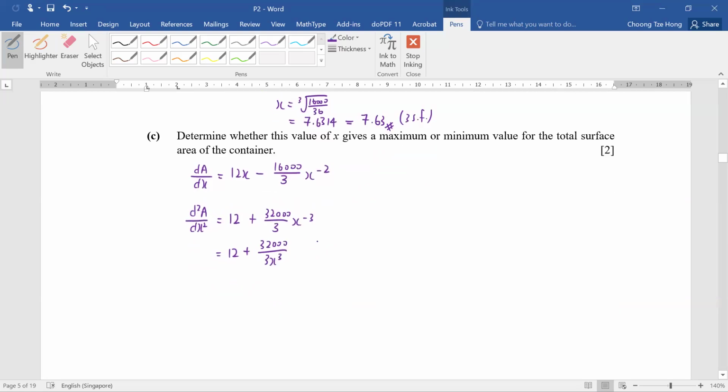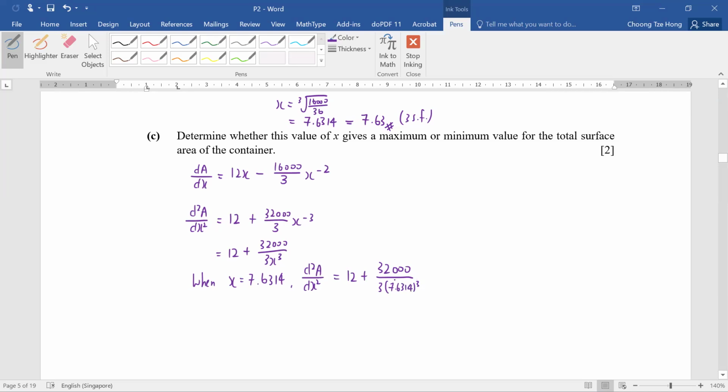Now we'll sub the x value 7.6314 into d²A/dx² and see whether it is positive or negative. When x equals 7.6314, d²A/dx² equals 12 plus 32,000 over 3 times 7.6314 cubed.